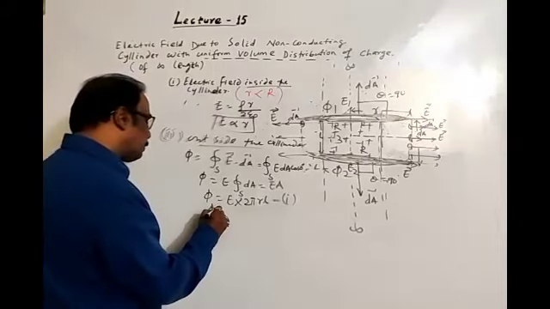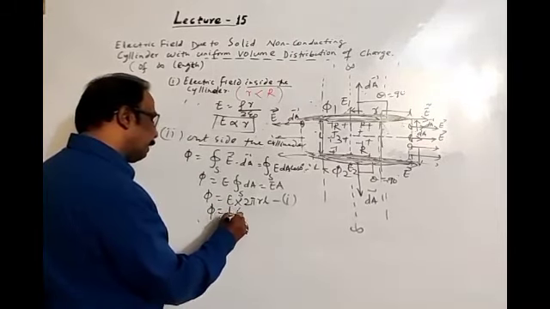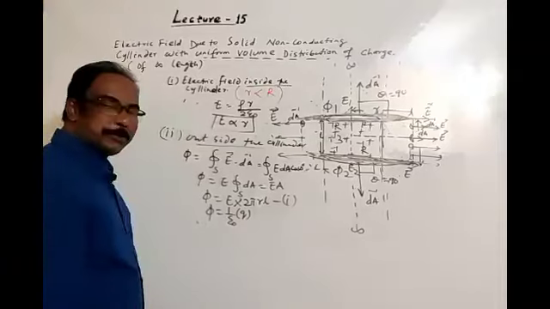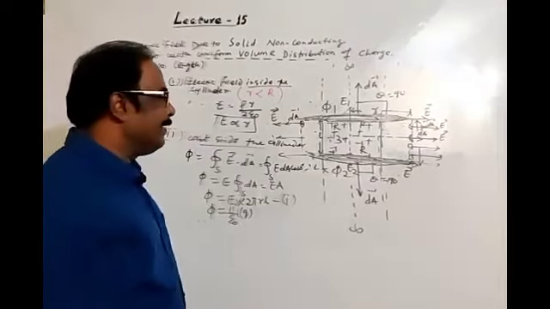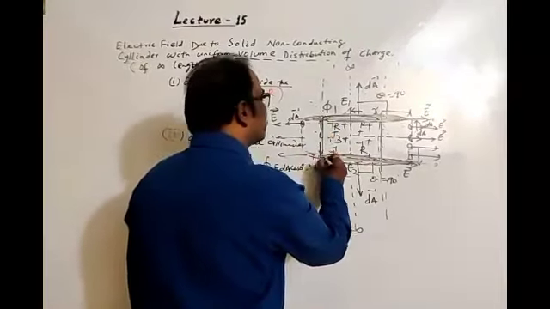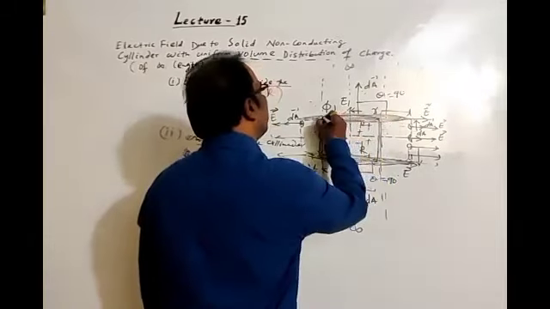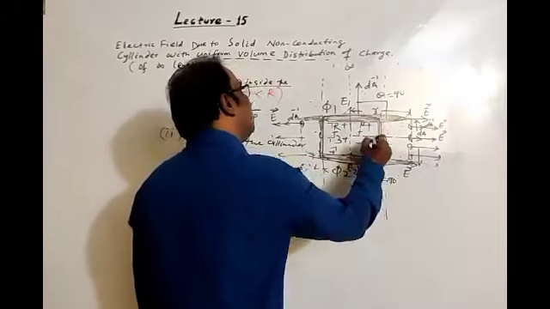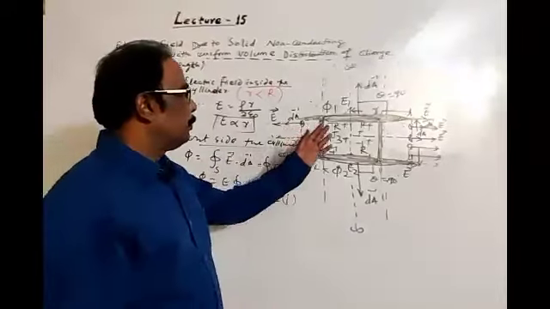Also, flux is equal to 1 by epsilon naught times the charge enclosed, in accordance with Gauss law. But the charge is enclosed in the cylinder in which there is a uniform volume distribution of charge.